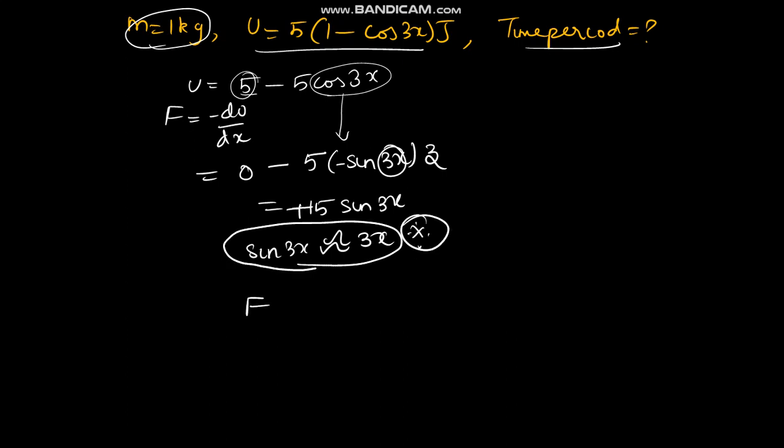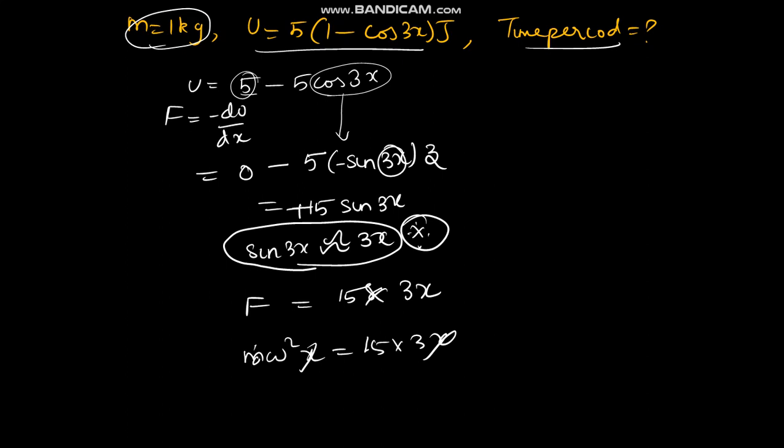So force is equal to 15 into 3x. We know the force formula is m omega square x, that is equal to 15 into 3 into x. So x and x get cancelled.